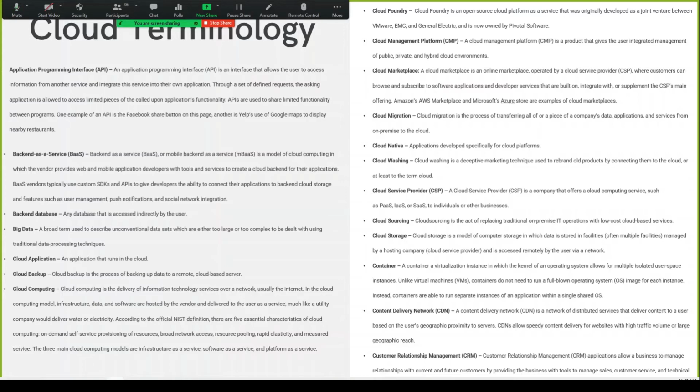Now, talking about what is a cloud marketplace. A cloud marketplace is an online marketplace operated by a cloud service provider, which may be Azure, Oracle, GCP, AWS, where customers can browse and subscribe to software applications and developer services that are built in, integrate with, or supplement the offerings. To be able to buy their products, like we talked about, AWS has more than 200 services. Similarly, Azure also has them, and Oracle also has some modules and services available.